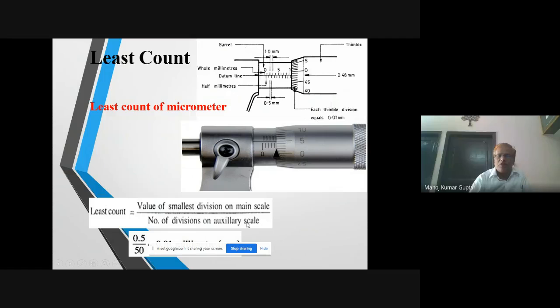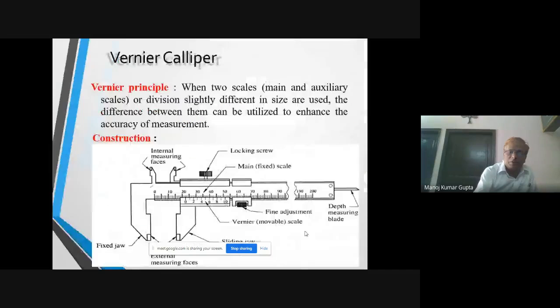And the number of divisions on the auxiliary scale, this thimble represents the auxiliary scale, is equal to 50. So least count will be 0.5 divided by 50, and it comes out to be 0.01 millimeter.